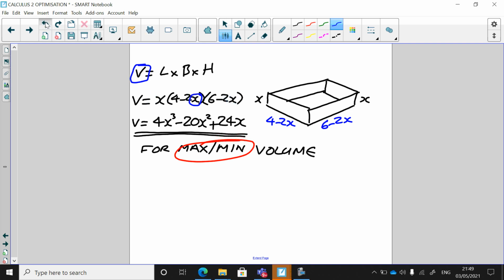So it's a change in V in relation to the change in x. So that's V by dx, or V dash.